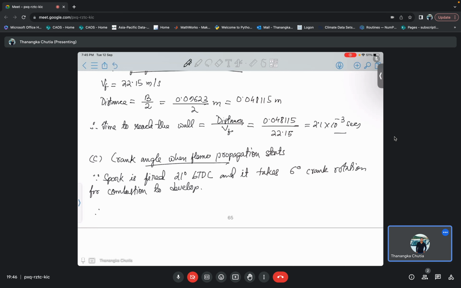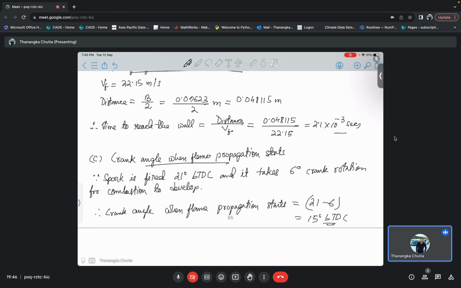So therefore crank angle when flame propagation starts is equal to what? 21 minus 6, that is 15 degree before TDC.